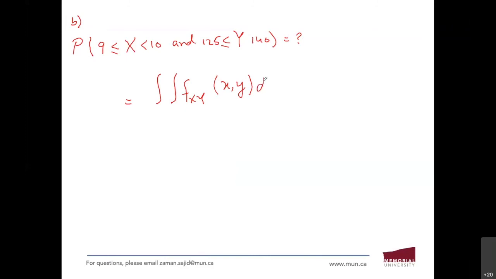And I know the order of my integrals: this is dy and dx. So the innermost integral is from 125 to 140, and the x integral is ranging from 9 to 10.